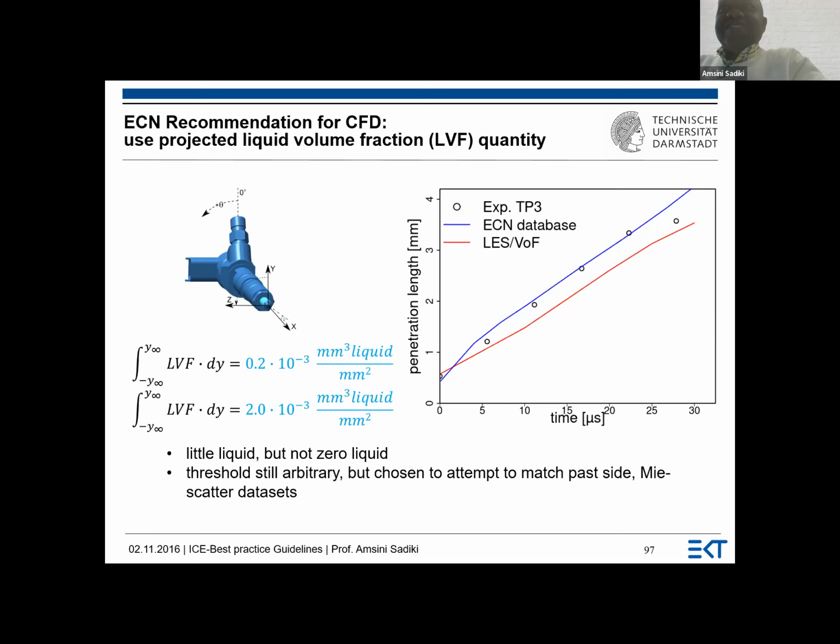The question is: in case it's a co-flow situation and the droplets are being carried by the air itself, the continuous phase, then there's no relative velocity. In that case, will the maximum penetration length be considered infinite?